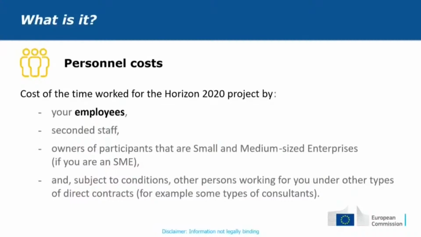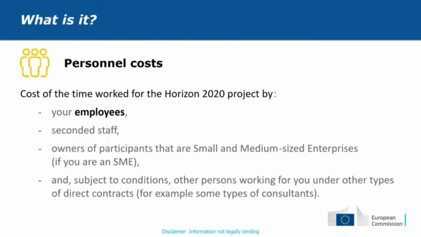But you can also declare as your personnel costs seconded staff. For instance, if a professor comes from a different university to work for you, if you are a university, into the project, you can also declare the cost of this person as your personnel cost, even if you don't pay directly this person. On top of it, if you are an SME, a small and medium-sized enterprise, and if the SME owner is participating in the project, but is not an employee of the SME, so he or she does not have a salary from the SME, you can also declare the cost of these persons as your personnel cost.